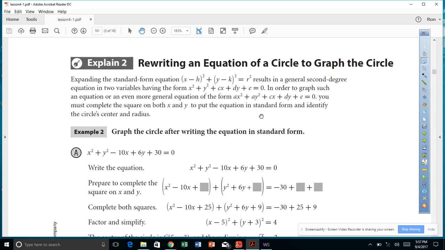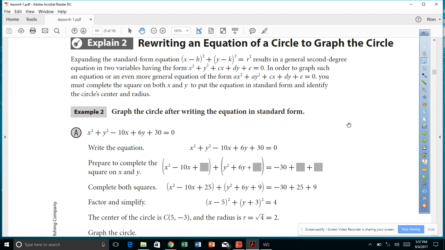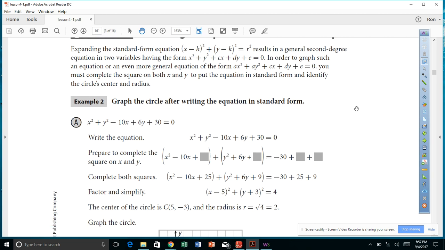Explain 2. Rewriting an equation of a circle. Expanding the standard form equation (x minus h) squared plus (y minus k) squared equals r squared results in a general second degree equation in two variables having the form x squared plus y squared plus cx plus dy plus e equals 0.